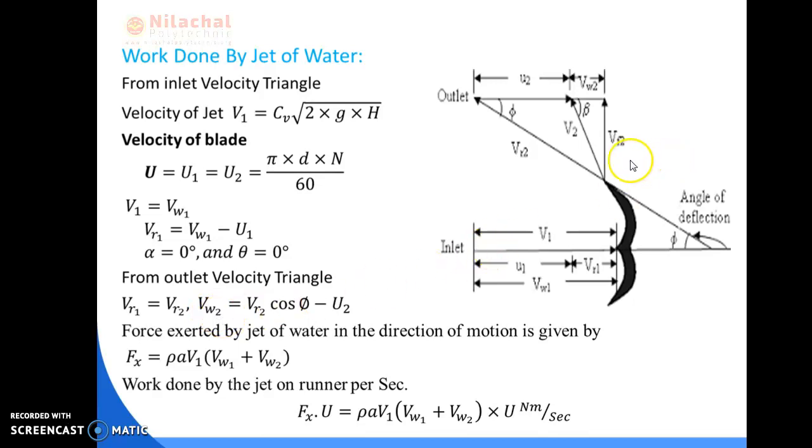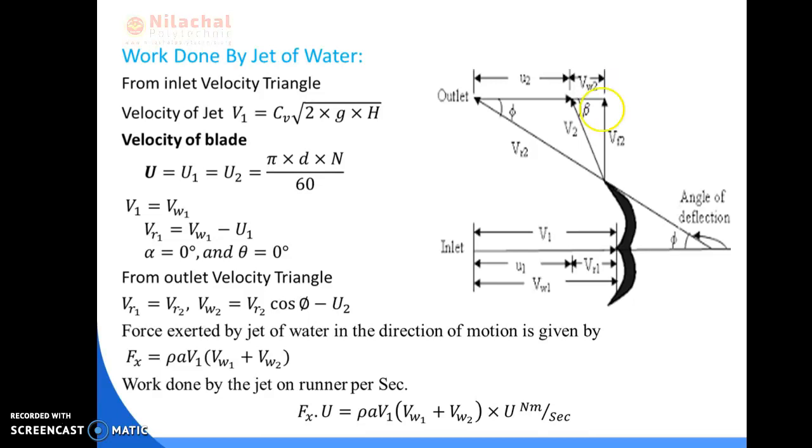How to get that? So this is the triangle. We have to find out the value of Vw2. Now how to find out? In this Vr2 triangle, Vf, Vr2 is the hypotenuse H and this is the base B. So cos phi is equal to B by H. So cos phi is equal to Vw2 divided by Vr2.